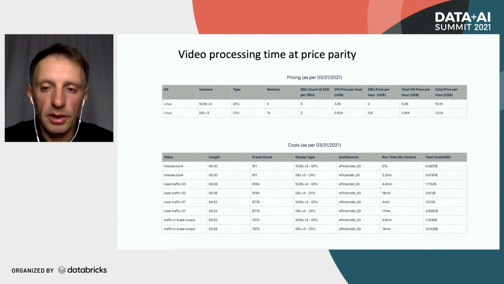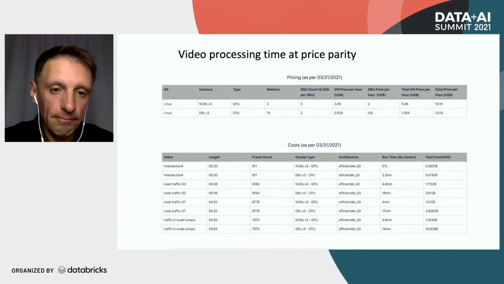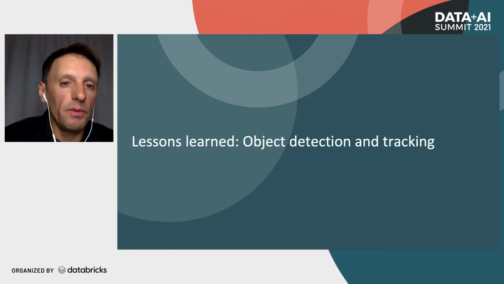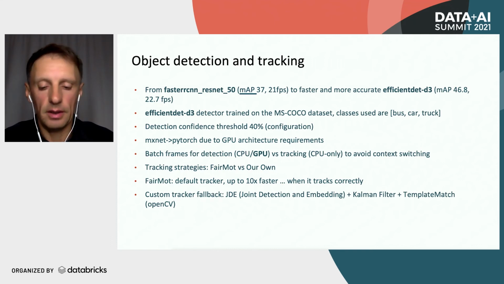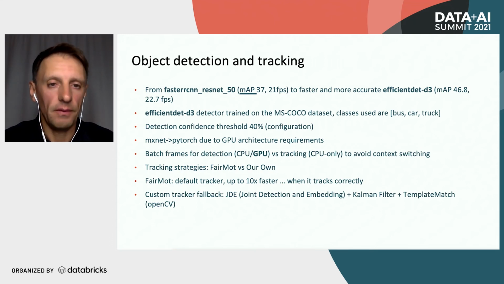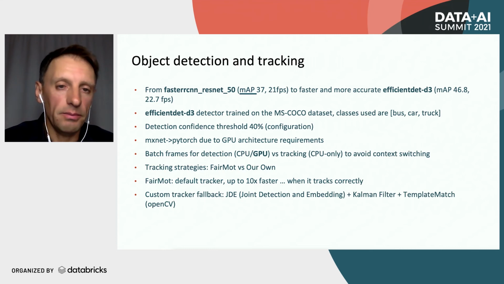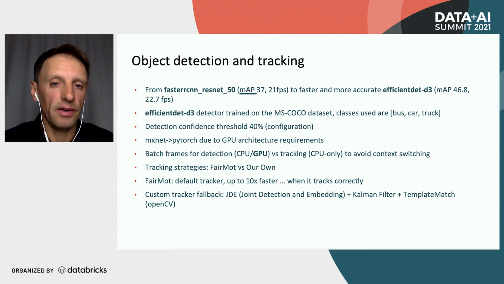Lessons learned in object detection and tracking. Initially we used one set of models, a Faster R-CNN with ResNet, basically the ResNet class of detectors, and their performance is measured in mean average precision. It's 37, at 21 frames per second.